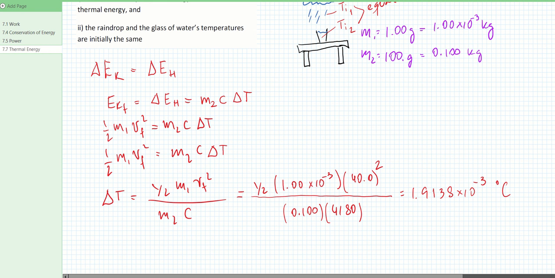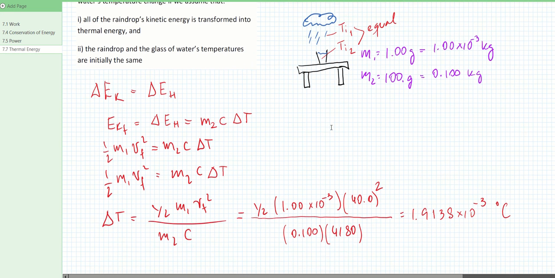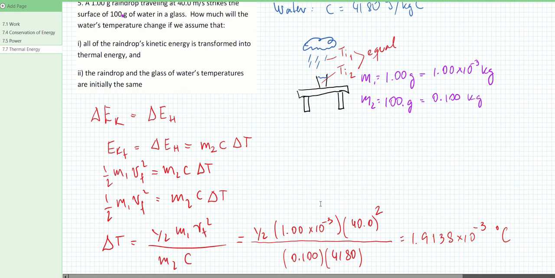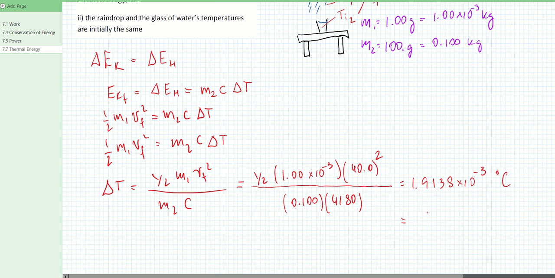degrees Celsius. I do realize now that I did not provide the answers to these questions in the worksheet, so I'll try to update it. Since I changed the number of sig figs here, initially this was just 100, I added the decimal there, so that would be 3 sig figs, which means we should have 1.91 times 10 to the negative 3 as our final answer.